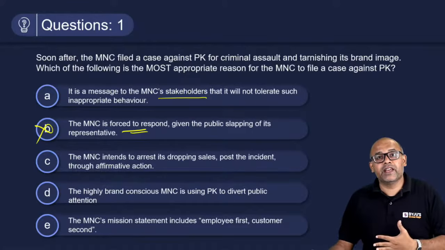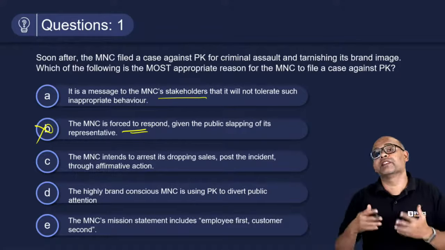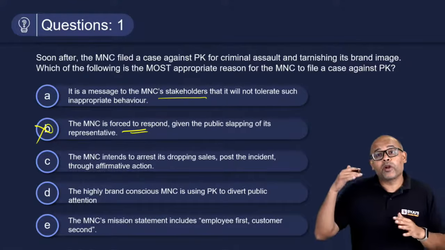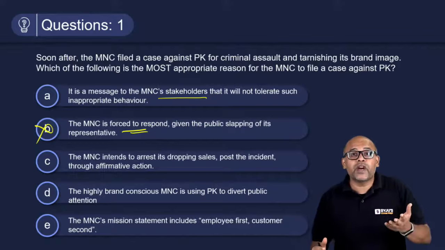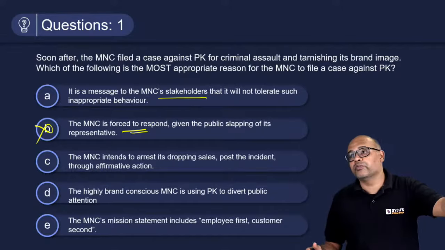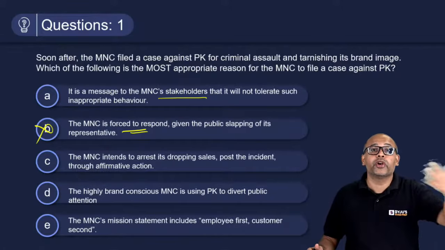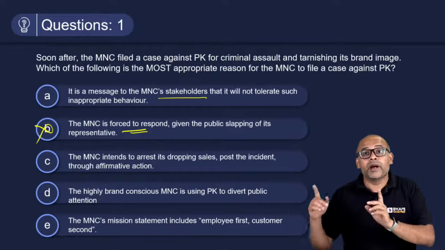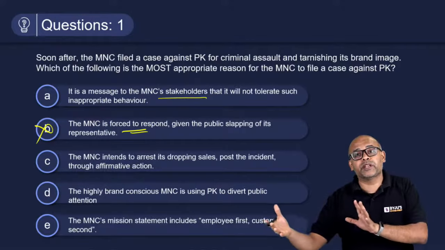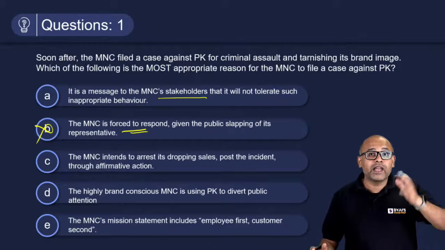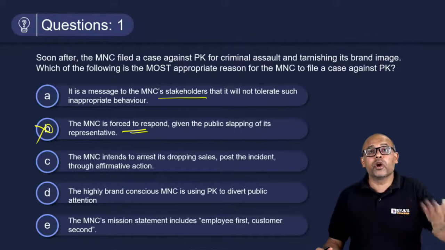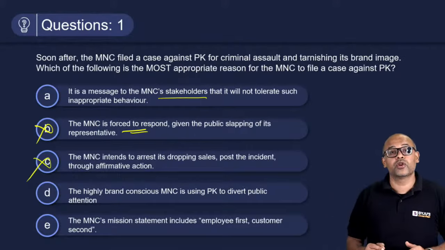People are already thinking it's my mistake. It's a different issue whether it's my mistake or not. On top of that, I'm going and filing a police complaint on a person who pointed out the mistake in a bad way. That's okay, but when it comes to people's perspective, that doesn't matter. So I can't do that. That cannot be or should not be the right reason. So that is also gone.